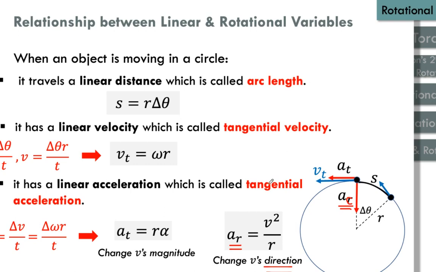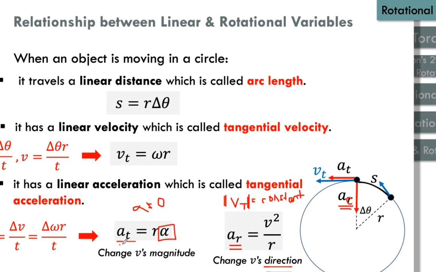In uniform circular motion, the tangential velocity magnitude is constant. If the magnitude changes, that's due to an angular acceleration, meaning that alpha is not equal to 0.